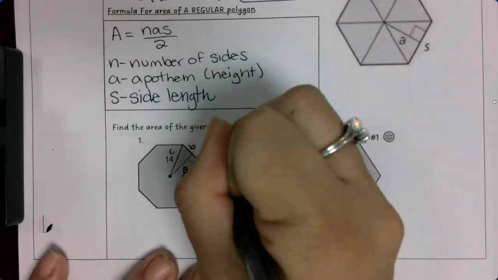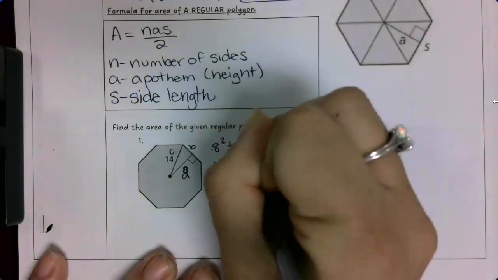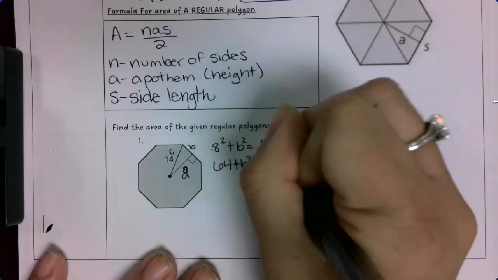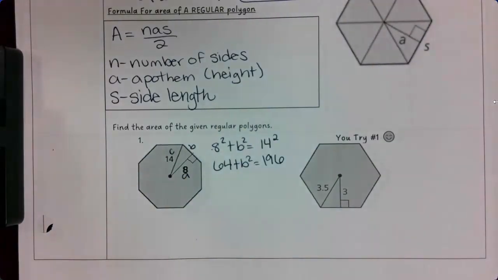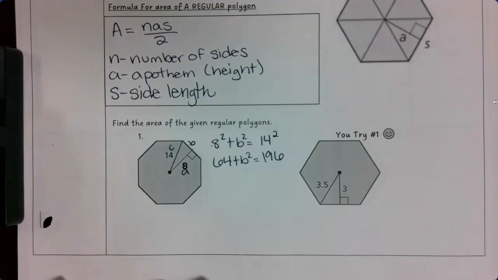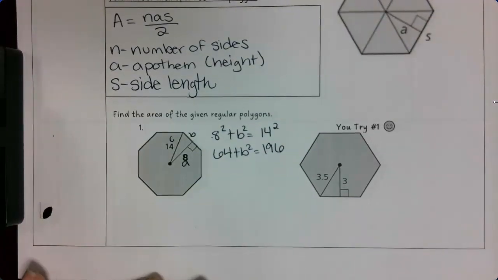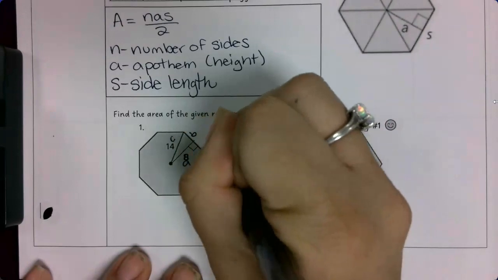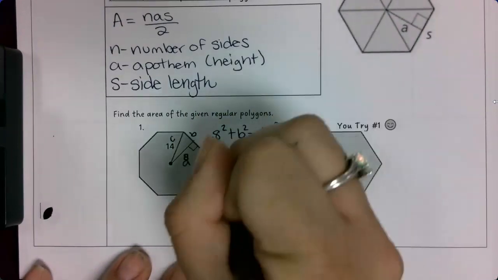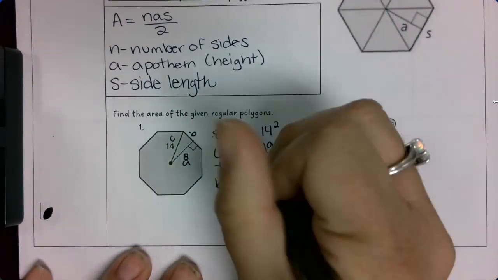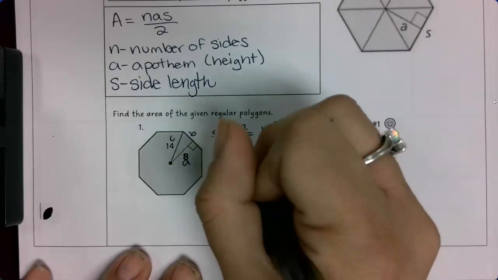So that gets me 64 plus B squared equals 196. Then I want to go ahead and subtract 64 on both sides, which gets me 132.